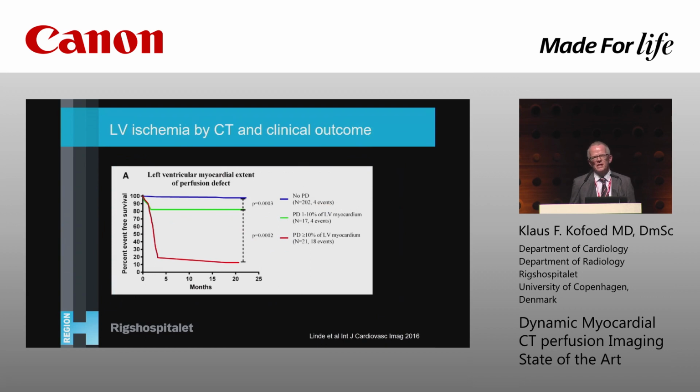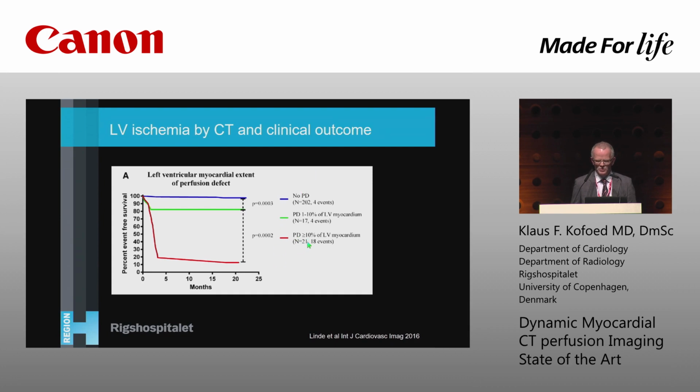Does it change the outcome if you have a large extent of perfusion defect by CT? This is a very small study, but it illustrates similar findings to what you saw with PET. If you have a large area of perfusion defect during adenosine by CT, the prognosis is poor, just like in PET.